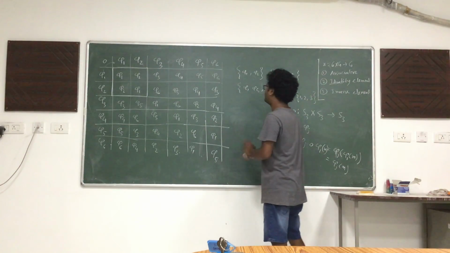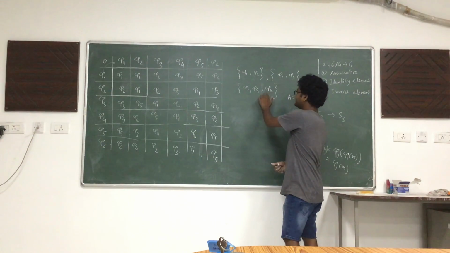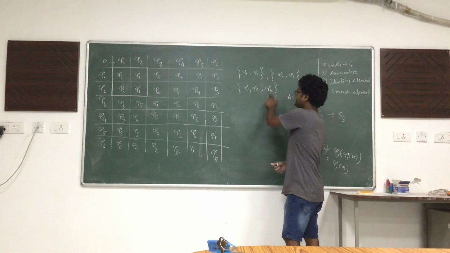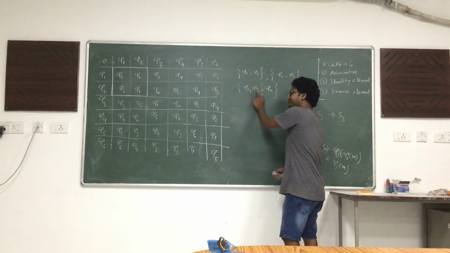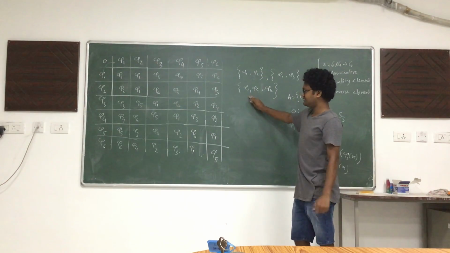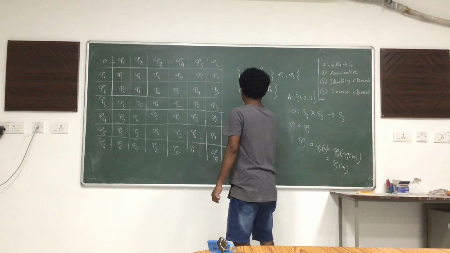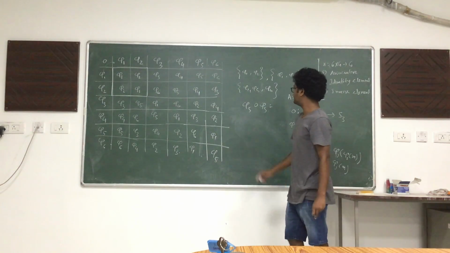So let us take whatever possible binary operation we can construct. φ1, φ1 is of course there in this. φ1, φ5 and φ1, φ6 will be there. φ5, φ1, φ5, φ5 is there? Is it there in this set? What is φ5, φ5? φ6.